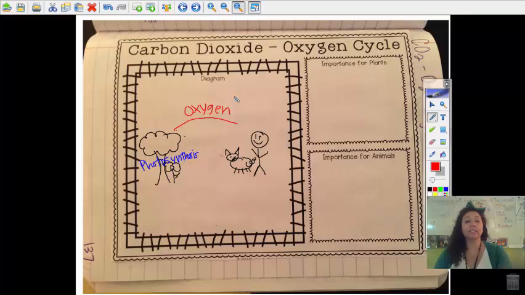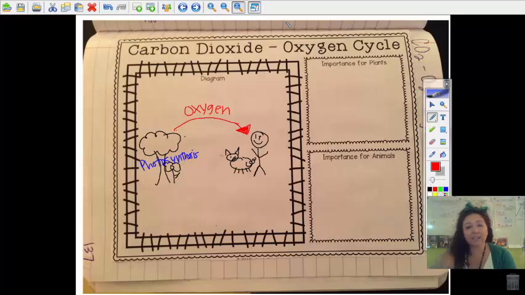We as humans need to take in oxygen in order for us to breathe. So oxygen is very important to us for our breathing. When that plant releases the oxygen into the atmosphere, humans and animals are going to take that oxygen in. This arrow is showing the oxygen being released, or emitted, or given off. Those are all synonyms. It's given off into the atmosphere, and then we, humans and animals, take it in.